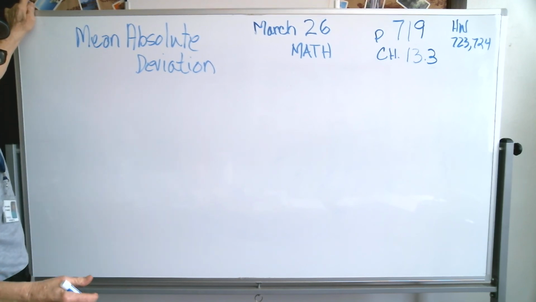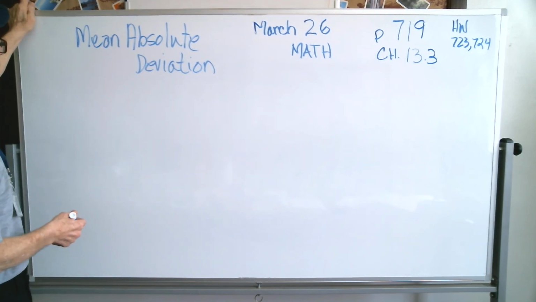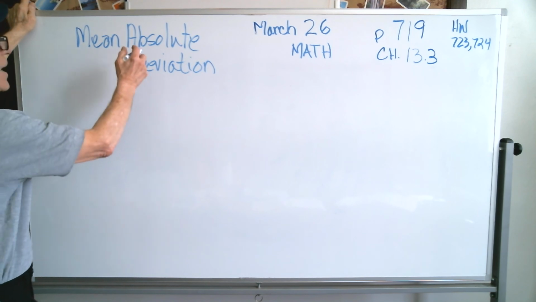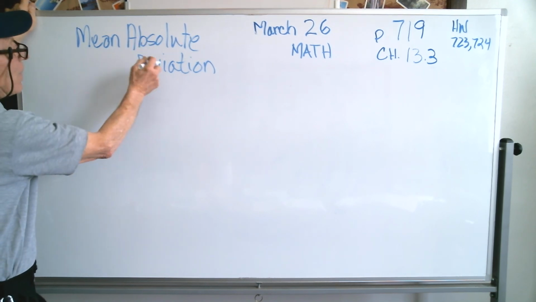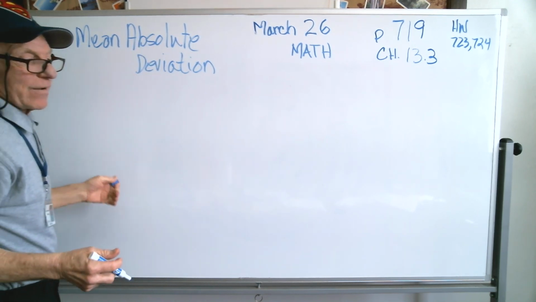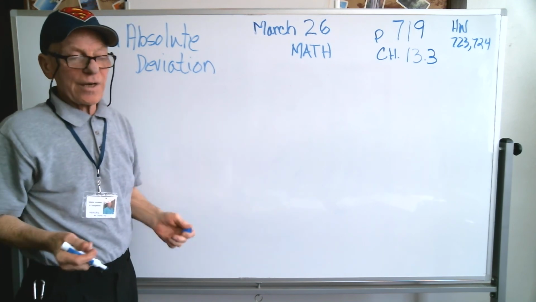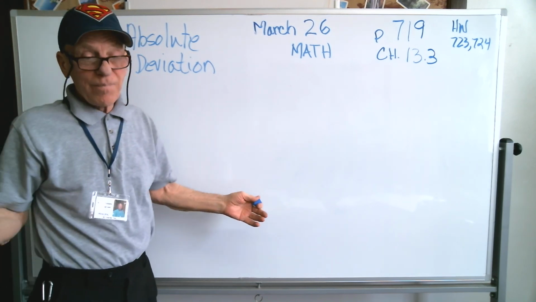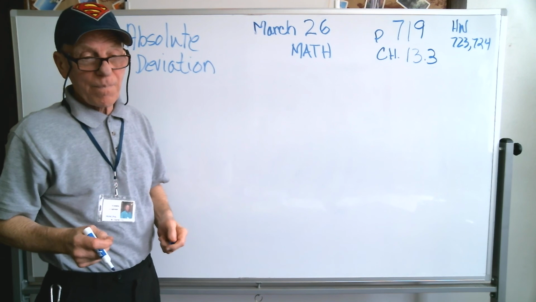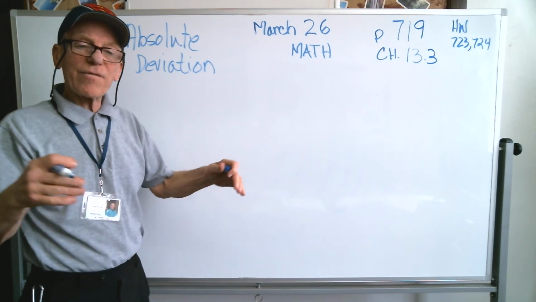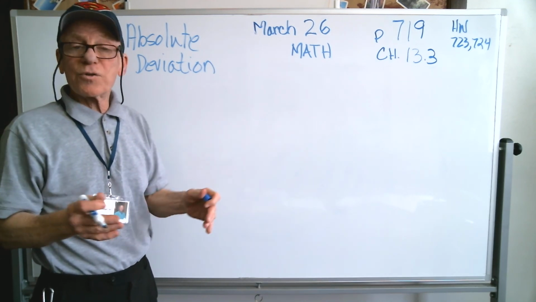The mean is the average. And what we're looking at is how a set of numbers compared to another set of numbers that might have the same median can actually have a larger or smaller spread.